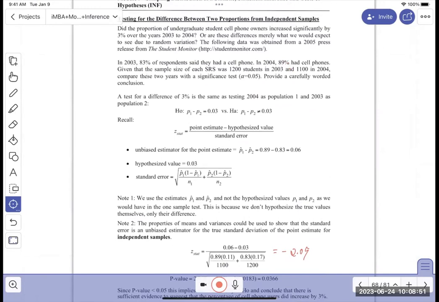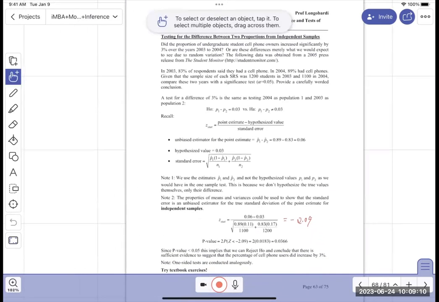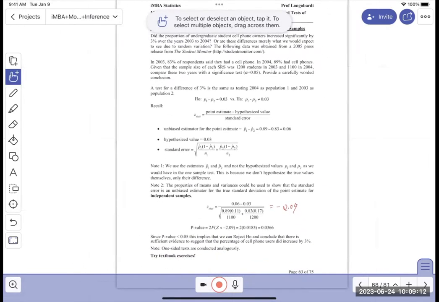So it was 83 to 89, and we want to check if that's more than a 3% increase. And it is, right? Because just looking at it, it's 6%, sorry, the 6% difference, and we're checking to see if that's greater than 3, for whatever reason. It's just an example. And we do find that it's more than a 3% increase in usage.